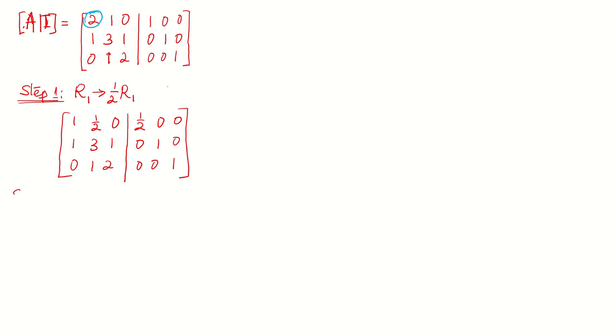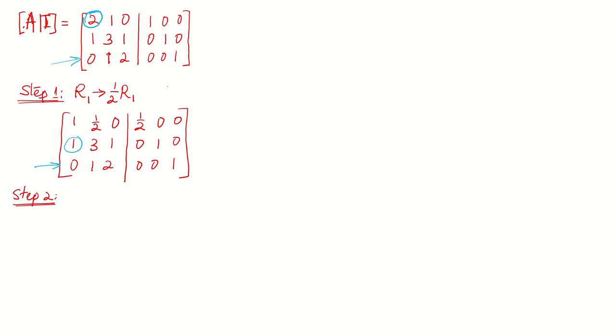The next step to take, step 2, we need to perform another operation. This time around, we want to make all the elements below the first pivot become 0. Already, this one is 0, so we need to make this other element become 0.